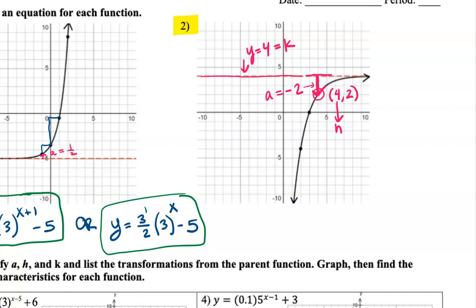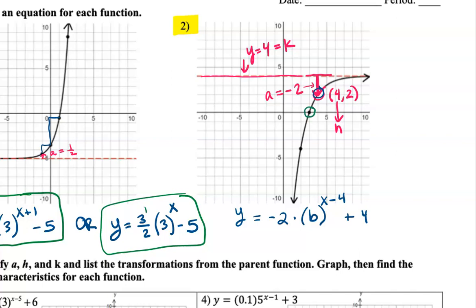And then I begin by writing that into the template. So it's a times my base b, which I haven't found yet, to the power of x minus h, and then plus k. And again, the way I'm doing it, my h is going to be 4 and my k will be 4. So then my b is going to depend on what I chose for those, and then also what the other points on the graph are.